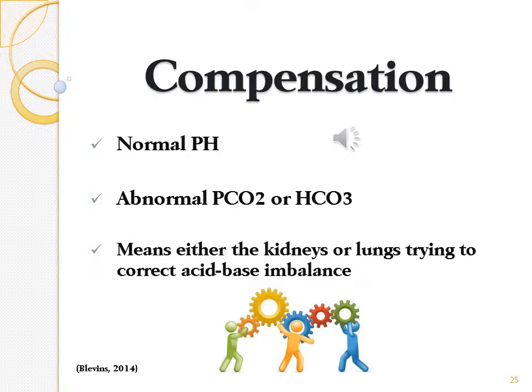The last step that you do in interpreting ABGs would be to look at whether the patient is compensating or not. If the patient is compensating, what you'll see is a normal pH with an abnormal PCO2 or HCO3. That means either the lungs or the kidneys are trying to correct the acid-base imbalance.